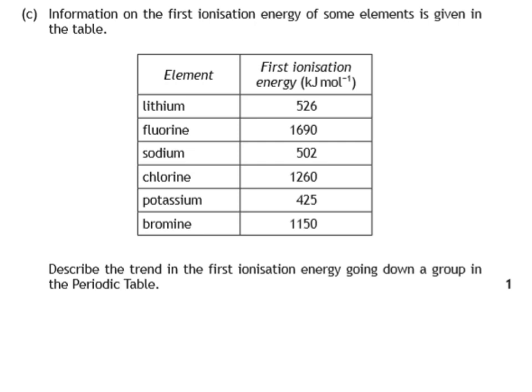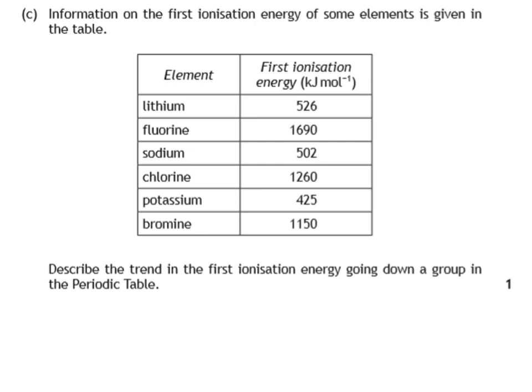We're continuing with the ionisation energy here, and the question is asking, describe the trend in the ionisation energy going down a group. We've got 2 groups all mixed up here: the alkali metals of lithium, sodium and potassium, group 1, and then the halogens of fluorine, chlorine and bromine.